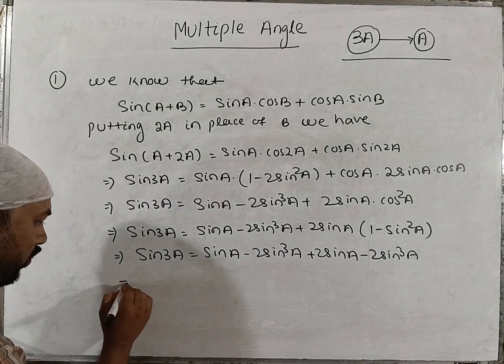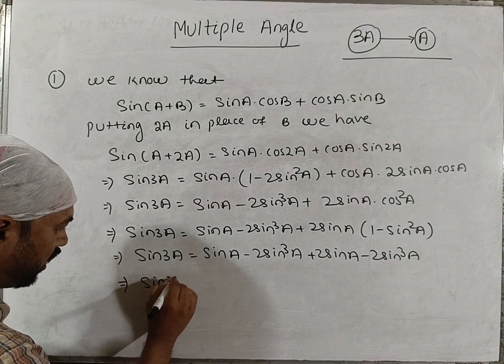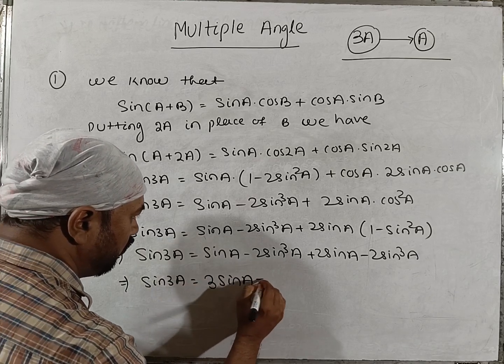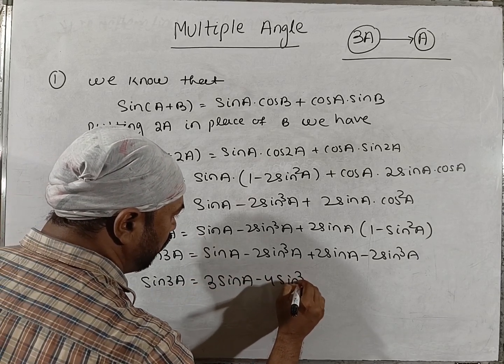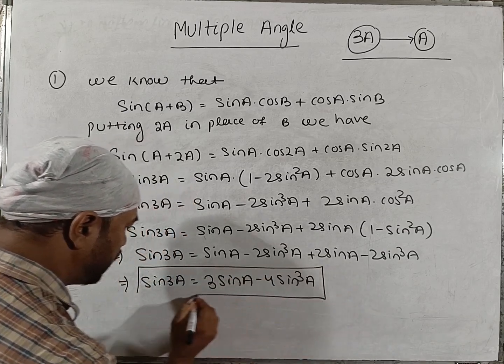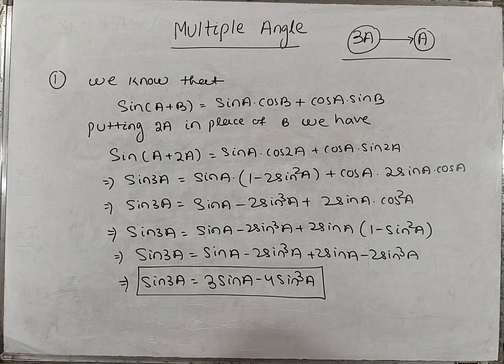Just simplifying, we have sin 3a is equal to 3 sin a minus 4 sin cube a. So here it is the formula of sin 3a.